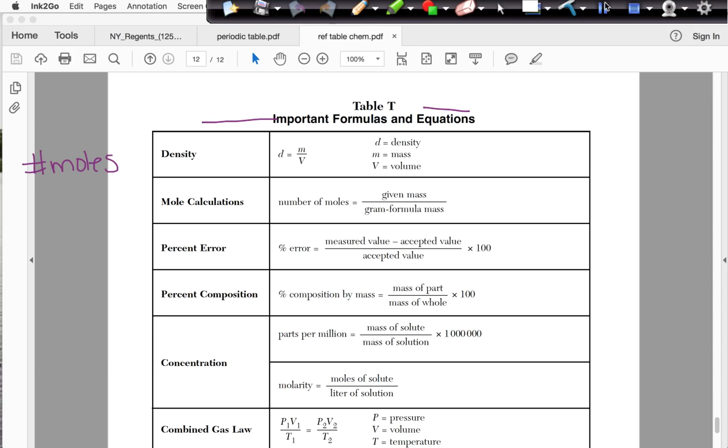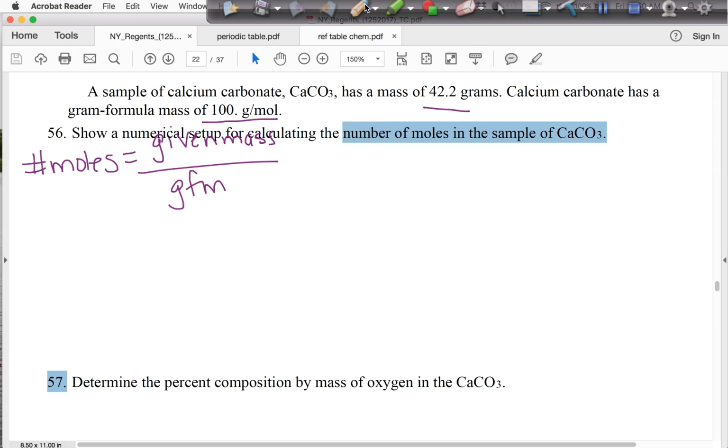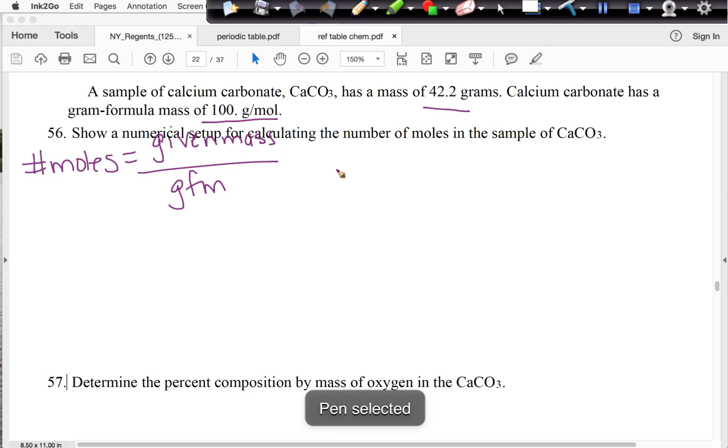In order to do this question, we want to look at table T, and we want to look at the mole calculation formula. Number of moles is equal to given mass over the gram formula mass. When we plug the information from the problem in, the given mass is 42.2 grams.